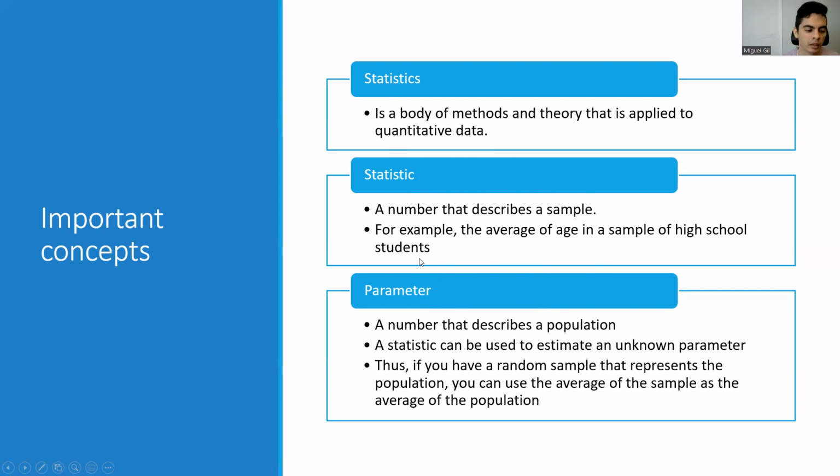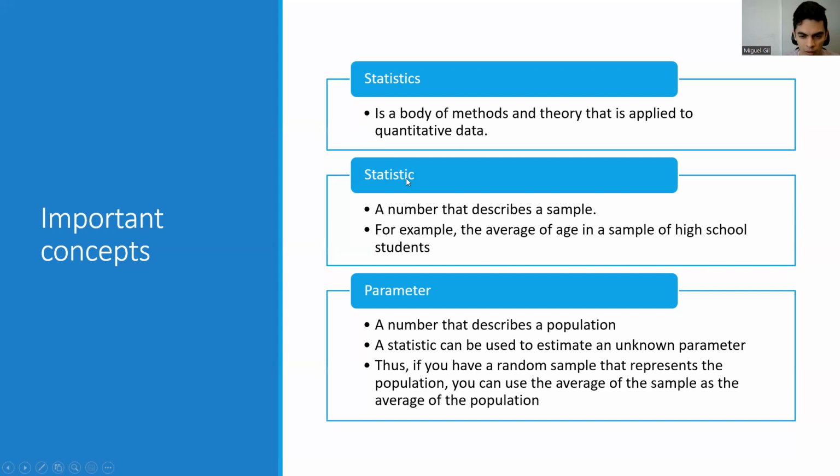So let me give you an example. If we are talking about the average age of a sample of high school students, for example in Sweden, we have, again making up numbers, 200,000 high school students. If we know the average age of 20,000 high school students, that is the average age of the sample of only 10% of the students.